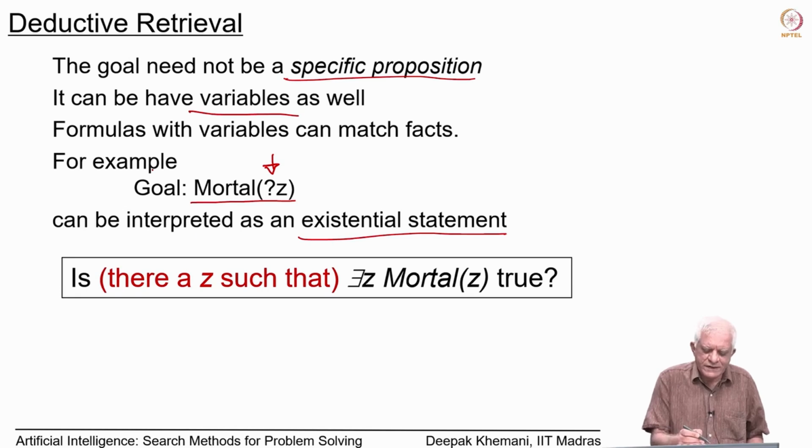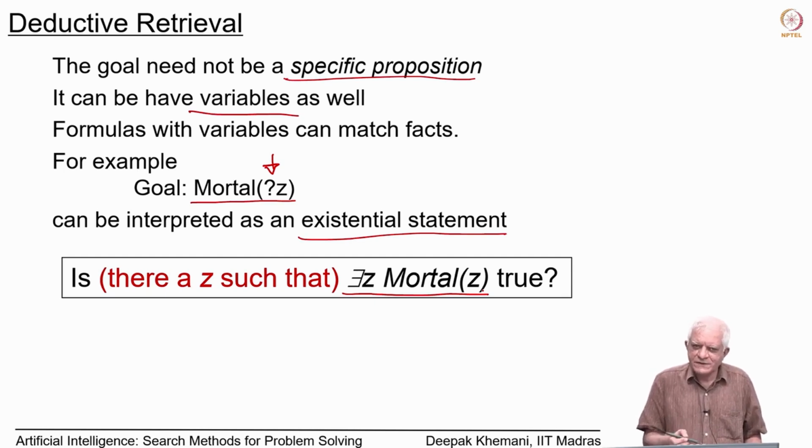So, if you have a goal which says mortal Z, where Z is a variable, it is asking two things. The first thing is what is written in the black here, that is the formula there exists Z such that mortal Z is true, it is an existential statement. That is the first thing we are asking from the logic perspective, but from the retrieval perspective, it is also asking, is there such a Z which will make this fact true.